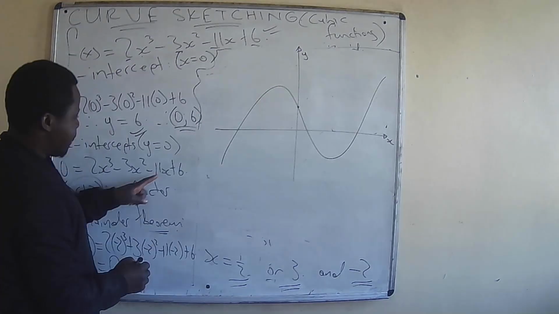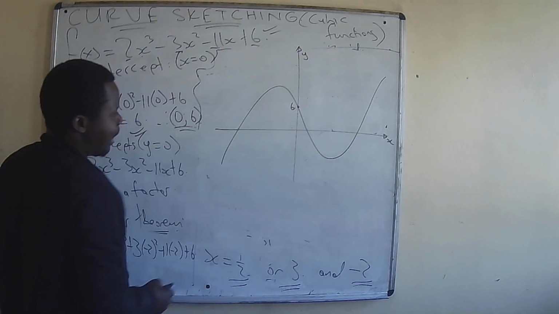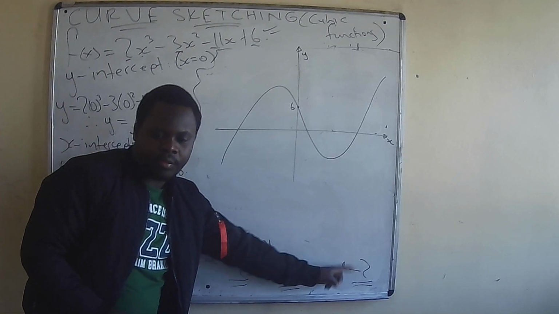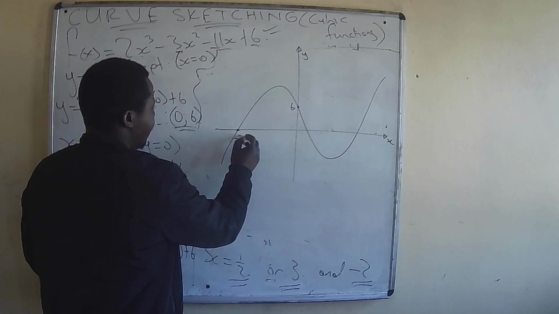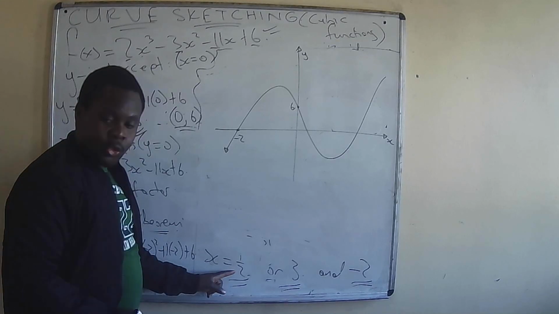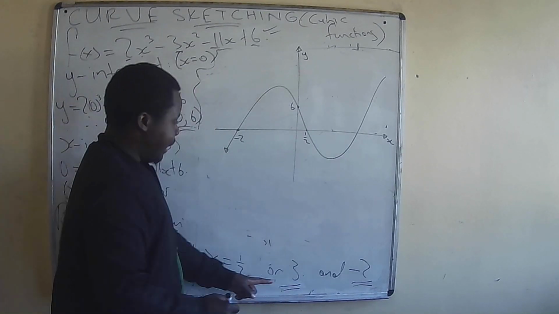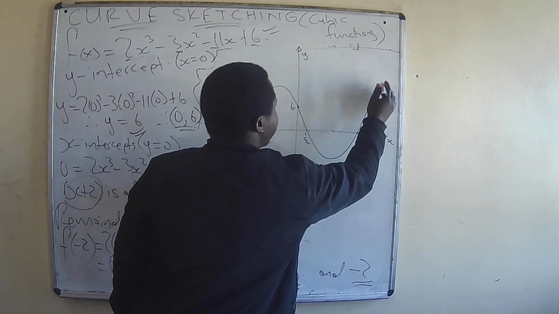Our y-intercept was 6, so we're going to put our 6 here, and then we have x is equal to negative 2, which is the first value. Then x here is going to be negative 2, and x is also half. We're going to put x as 1 over 2, and x is also 3. We put x is equal to 3 in this case.